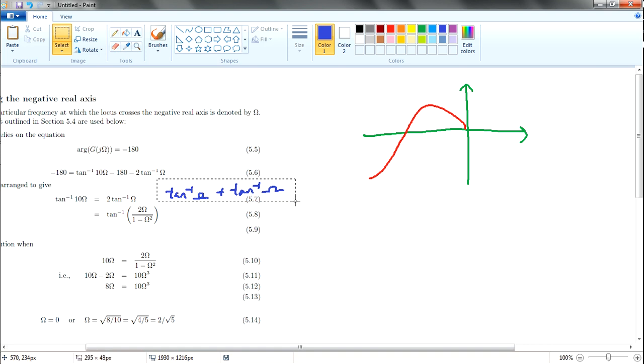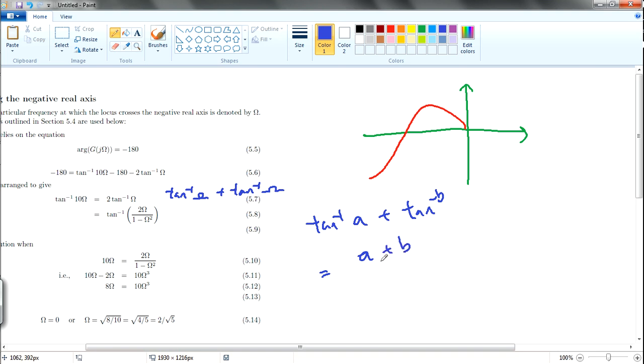But in fact, this is already a very simple trigonometry rule. Tangent inverse A plus tangent inverse B equals tangent inverse of (A plus B) divided by (1 minus A times B).